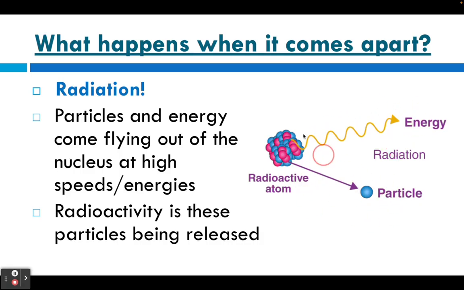This is what happens when a radioactive atom or isotope falls apart and decays. So radioactivity is these particles being released. If something's radioactive, it means it's going to release energy and these particles, and those particles and energy can then go out and hit other objects like yourself.